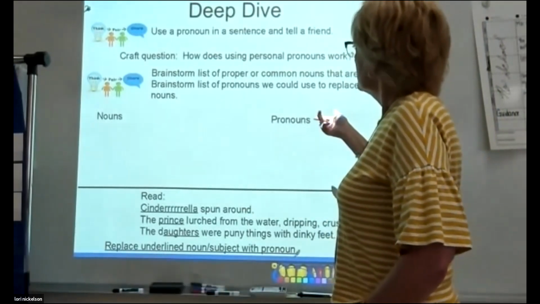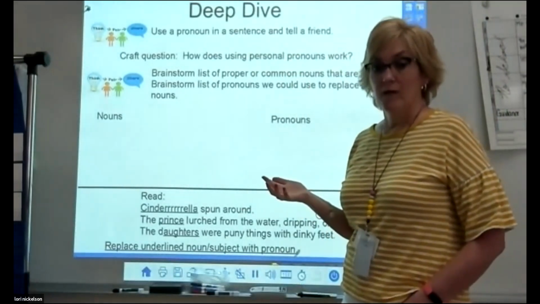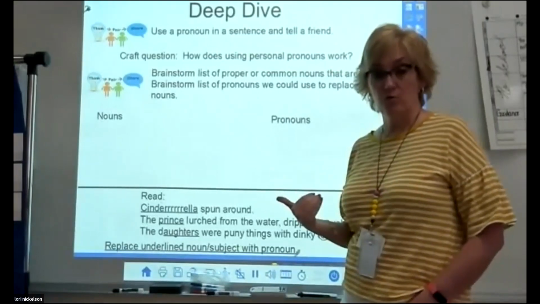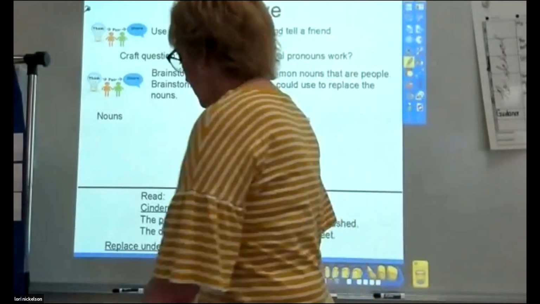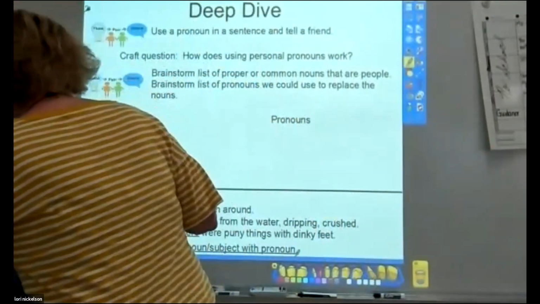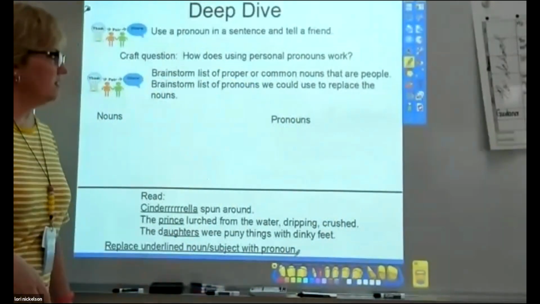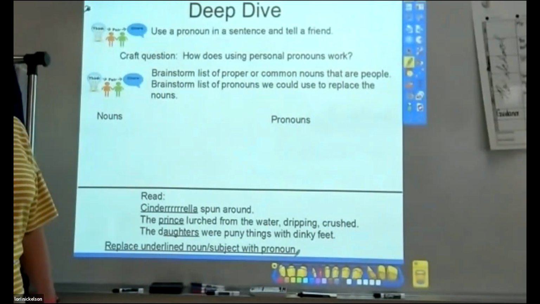Okay, so personal pronouns. How do we use our personal pronouns in our work? We can replace names with personal pronouns if we're talking about the same person throughout our story, correct? Yes. So what I want us to do is brainstorm a list of either proper or common nouns that are cool. And then we could list pronouns that go along with those nouns.